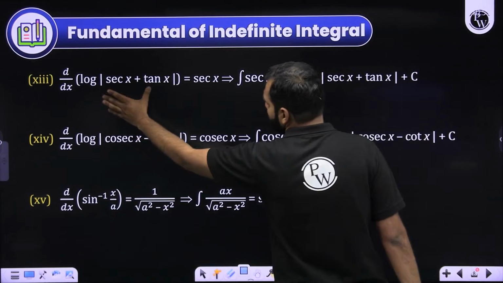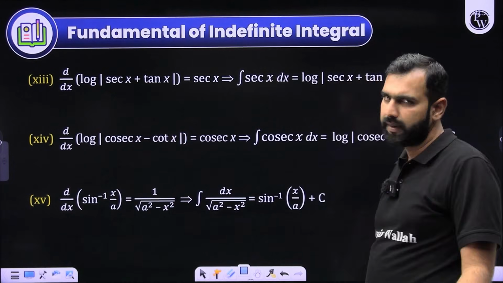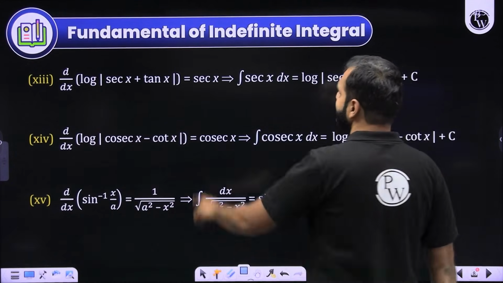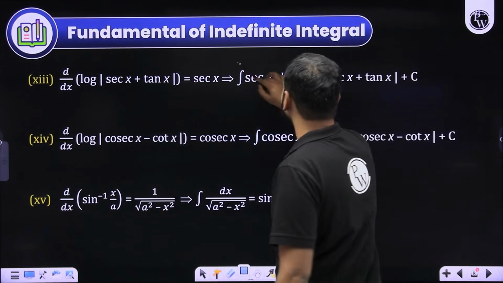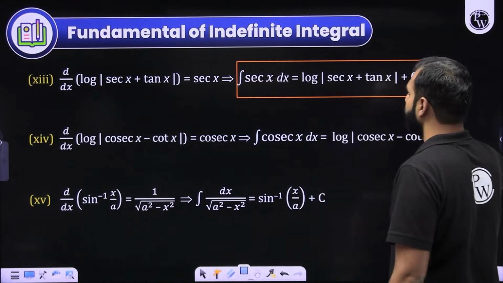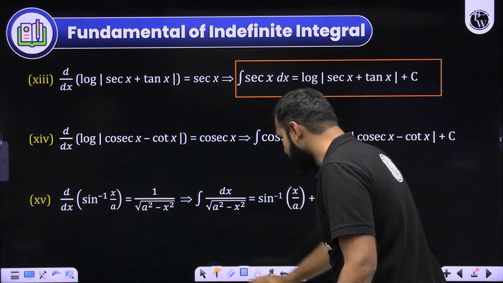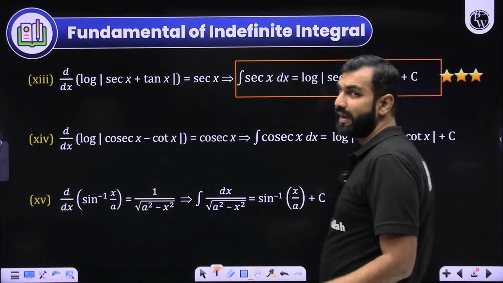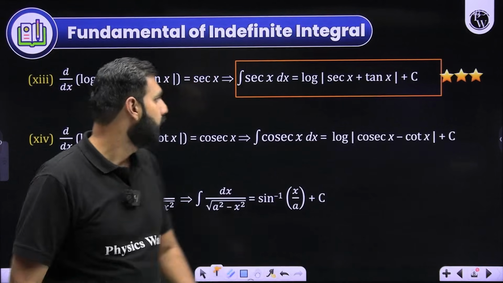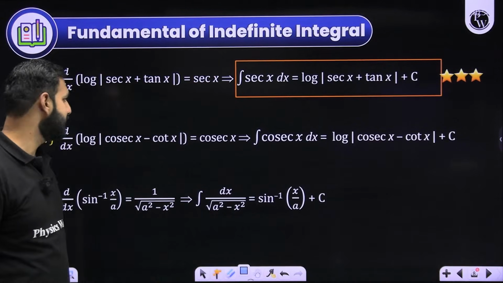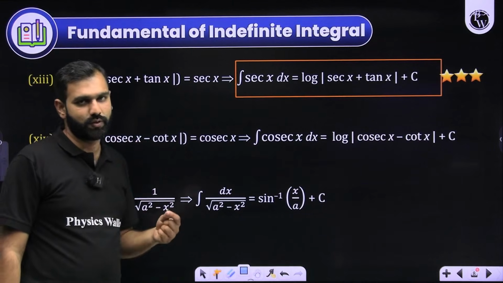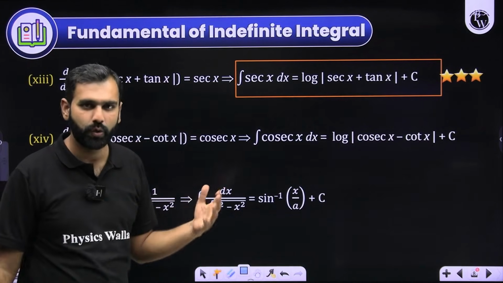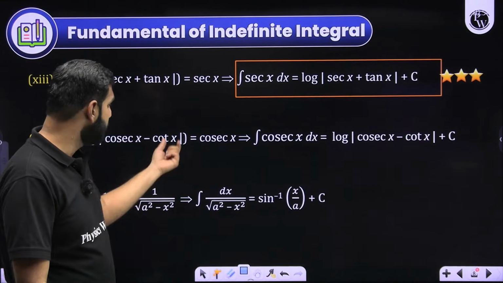If you differentiate log of sec x plus tan x by using the chain rule only, you will get sec x. So here you need to understand that the integration of sec x will be log of mod of sec x plus tan x. I urge you to remember and learn these formulae. Similarly, another formula says the derivative of log of cosec x minus cot x, which by simply using the chain rule you can prove is nothing but cosec x.